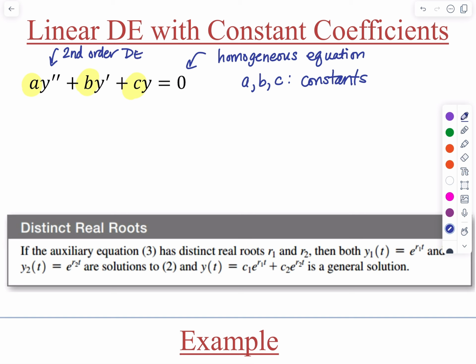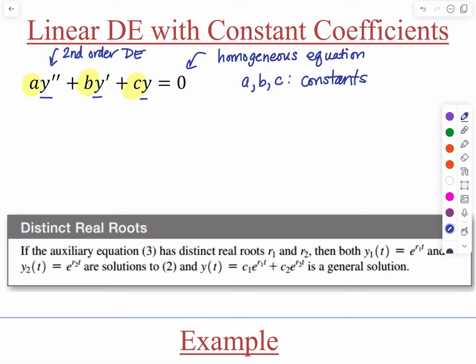Okay, let's take a look at this differential equation. As you can see, the solution of this must have a property that its second derivative can be expressed as a linear combination of its first derivative and itself.